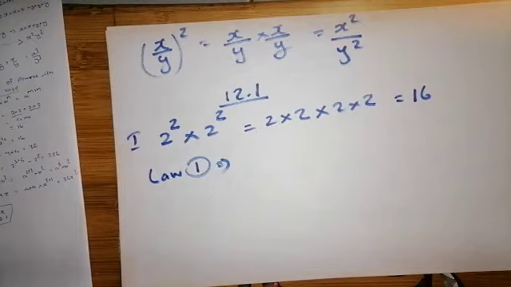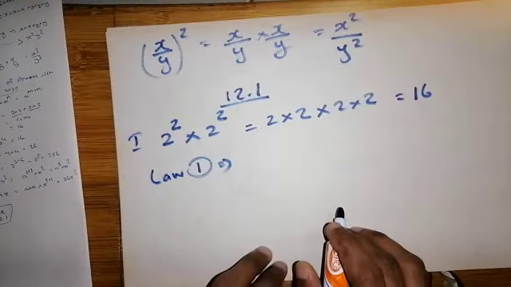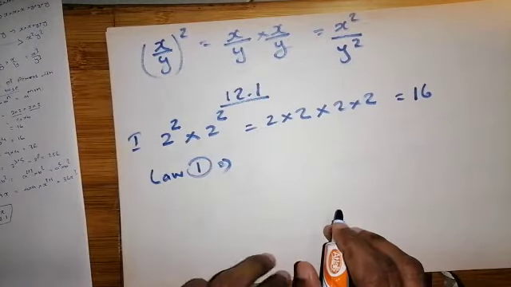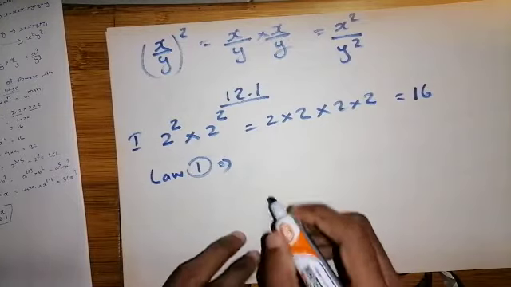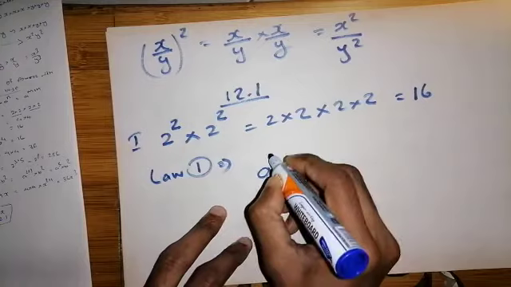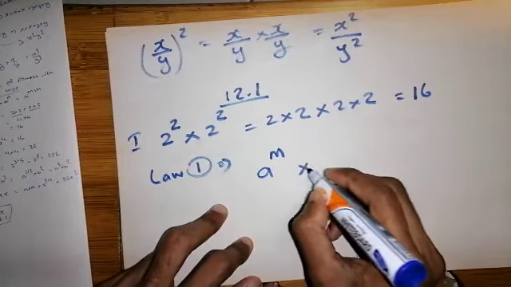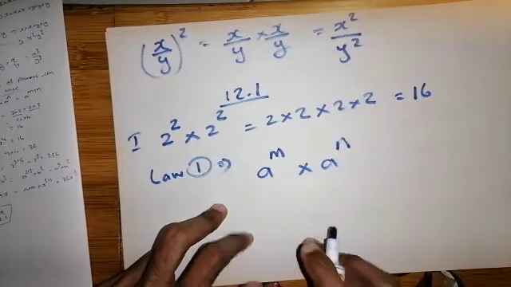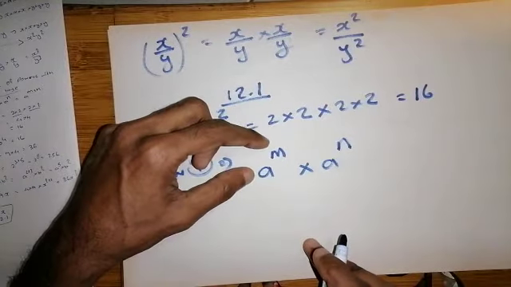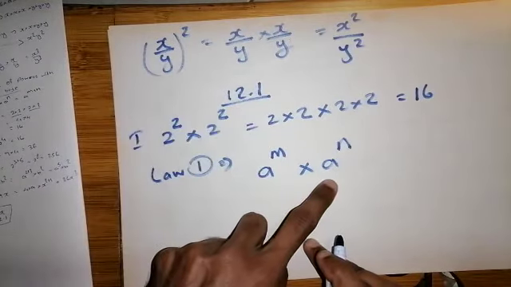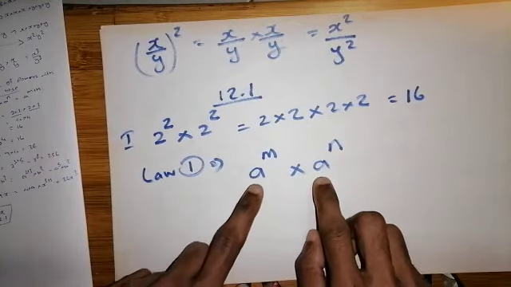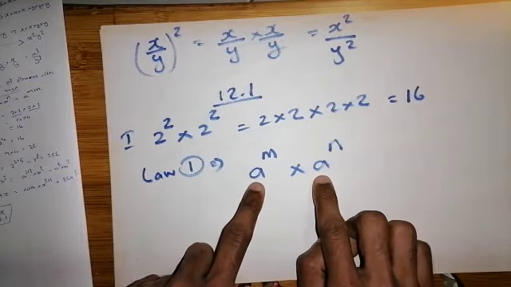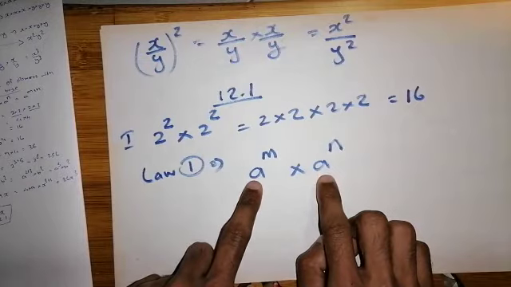The first one is the product of powers with same base. We take a to the power m into a to the power n. a to the power m is in power form, a to the power n is also in power form, with multiplication, and both have the same base a.